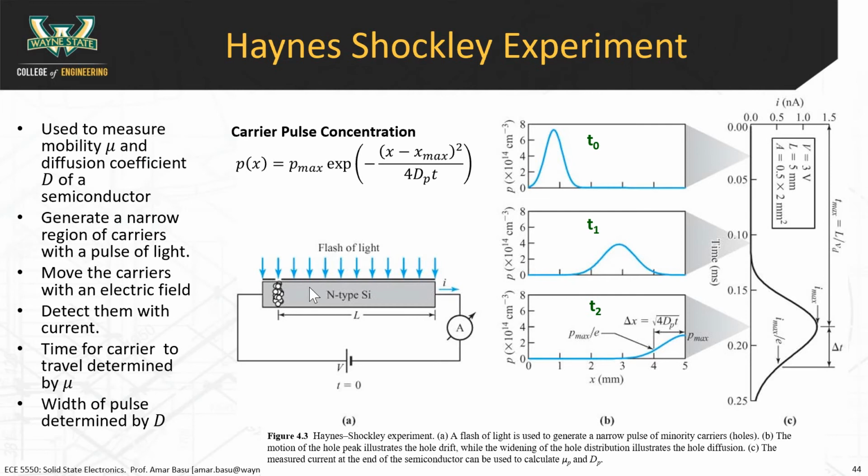Should all the light be focused just on this area to the left, not on the whole thing? Yeah, so what you're trying to do is create a pulse of carriers so that you have a function that looks like this. If you shine light on the entire material, then you'd create carriers everywhere.